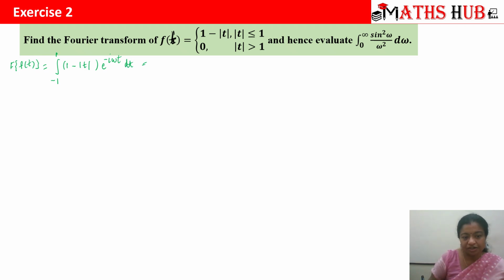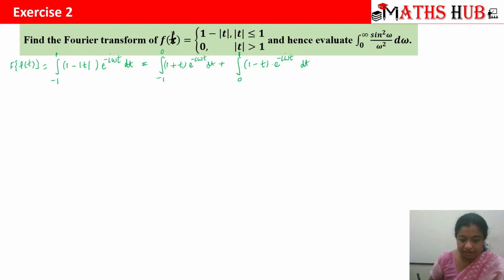Now since the function is in mod t, again we have to split this interval from minus 1 to 0 and then from 0 to 1. Right? Now in the interval minus 1 to 0, mod t will take value minus t. So it will become 1 plus t into e power minus i omega t. And in the second interval 0 to 1, mod t will be positive. So it will be 1 minus t into e power minus i omega t.